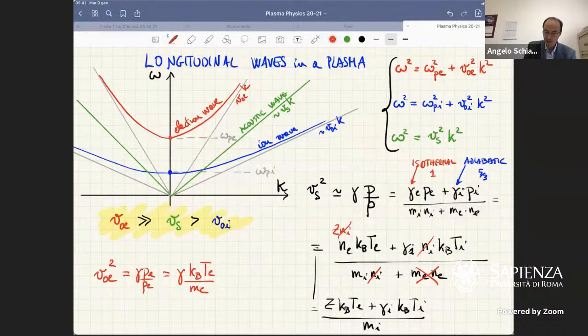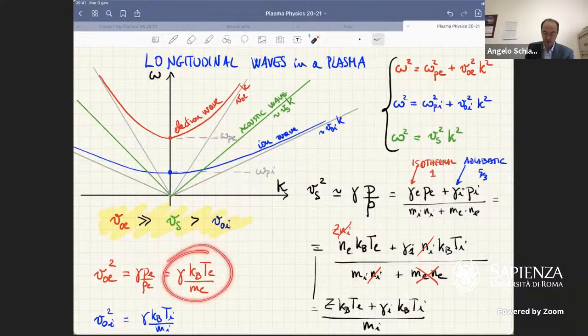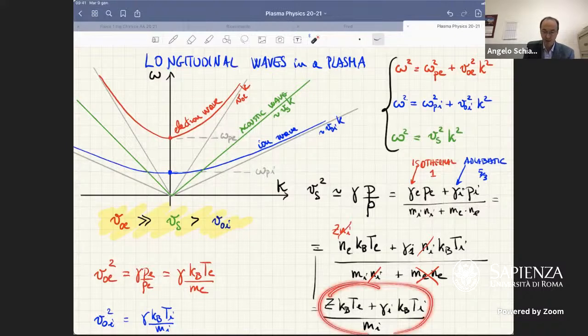And in blue, obviously, you have the same characteristic speed for ions in this case, which is going to be gamma for the ions times KB, temperature of the ions divided by the mass of the ions. So final remark is we have three speeds here: the velocity of the electron wave, the ion wave, and the acoustic wave. Pay attention to this.